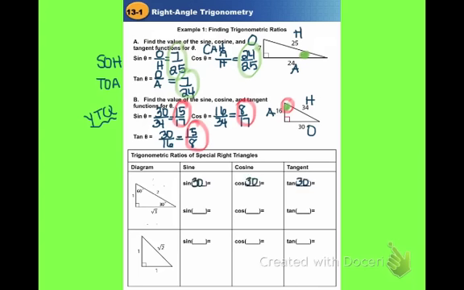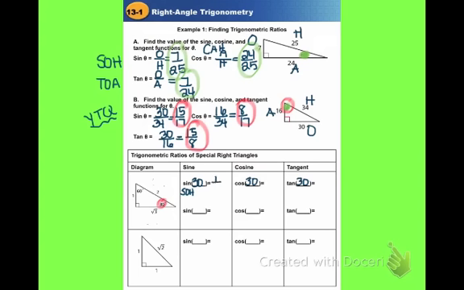So let's say that I wanted to find the sine, the cosine, and the tangent of 30 degrees. So in this triangle, there's my 30-degree angle. That would be my reference angle. So when I talk about the sine, and the sine is the opposite over the hypotenuse, then the side opposite the 30-degree angle would be the side that was length 1.